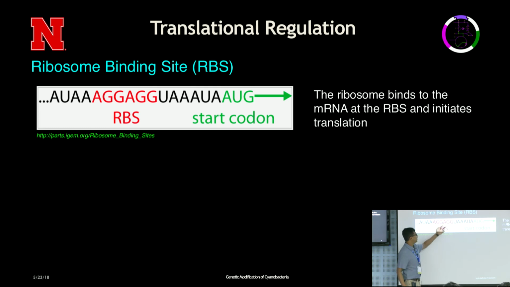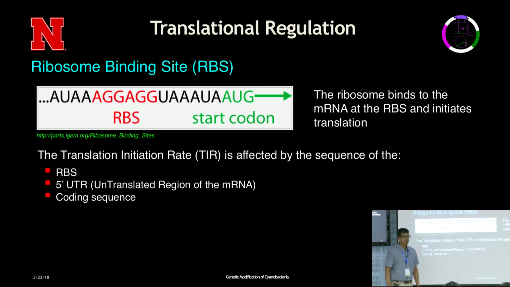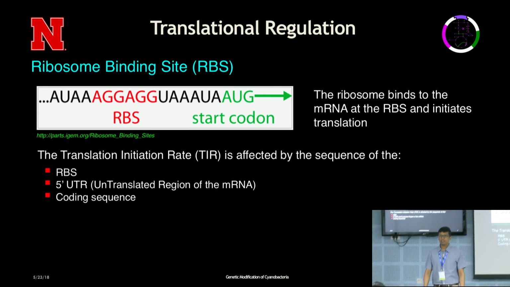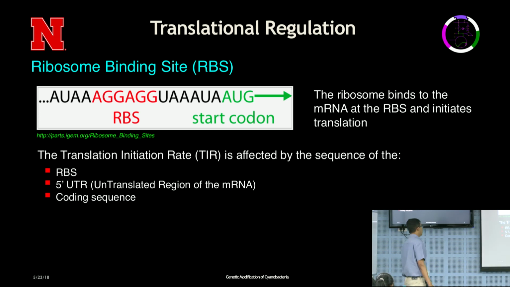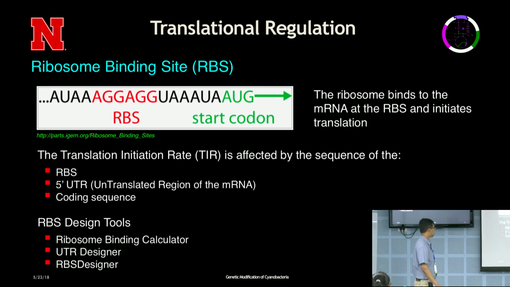And what is this sequence? AGG, right. So, when we talk about ribosome binding sites, we know that the translation initiation rate is affected by all these three factors mostly. There are others, but these are the most prevalent ones.